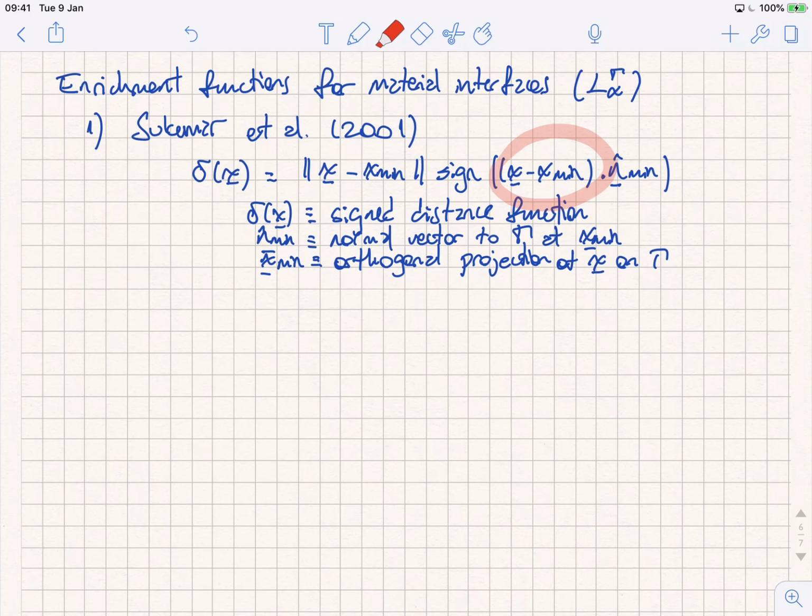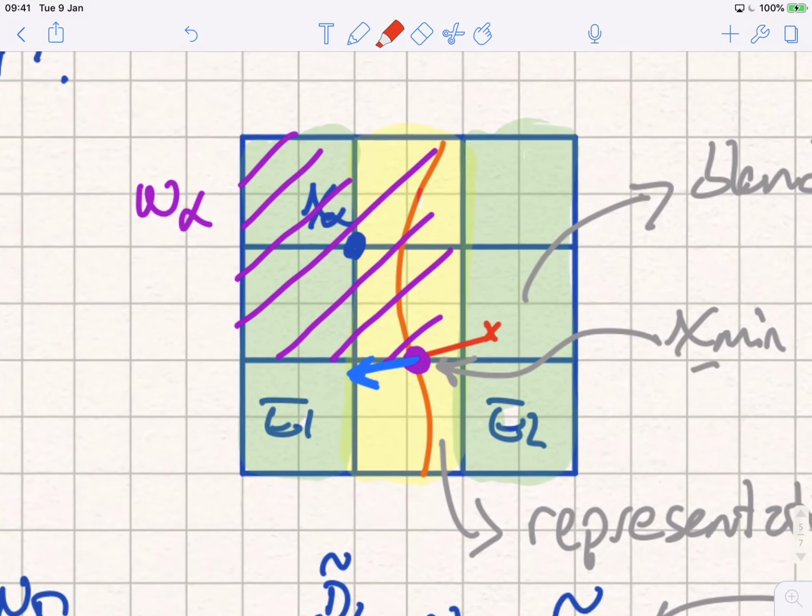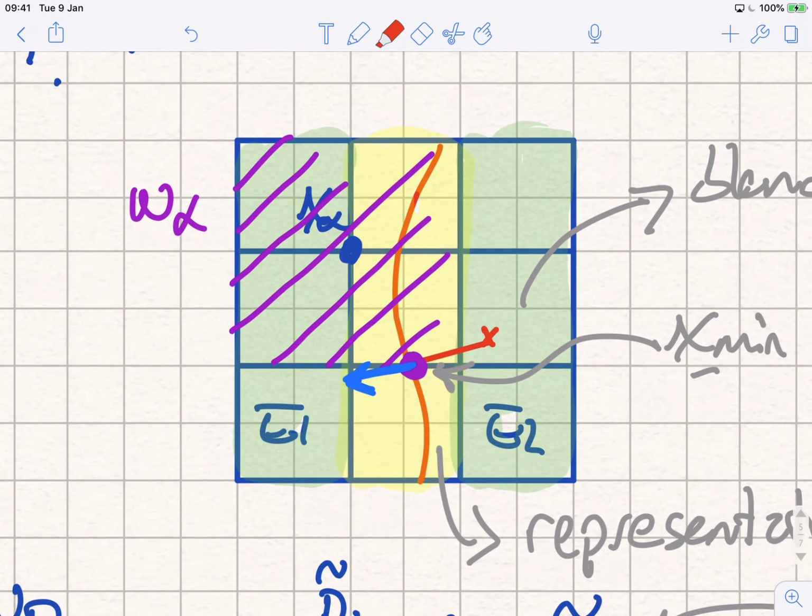Sure. So let's go back maybe to the figure, and I am interested in this point. This is x, so let me mark it x. What we want is to see whether that point lies to the left or to the right of the discontinuity. Now, if you look at that red arrow, this is a vector that is defined as x minus x min.